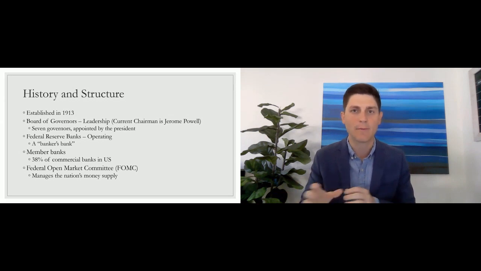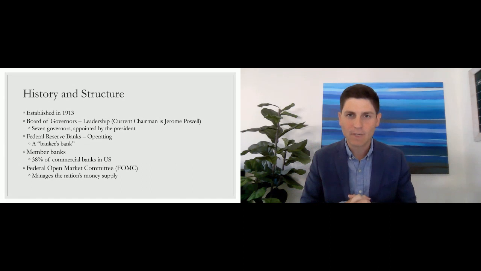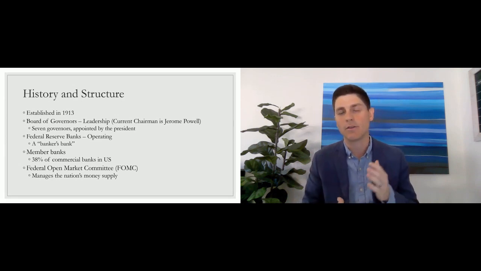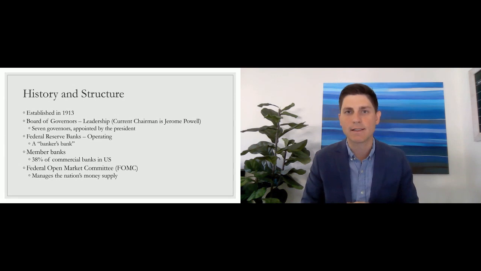Those Federal Reserve banks store money, they process checks, they're kind of a clearinghouse for the transactions that happen in that region. Then, of course, the member banks are the ones that use the Federal Reserve banks, and that's about 38% of commercial banks in the United States.